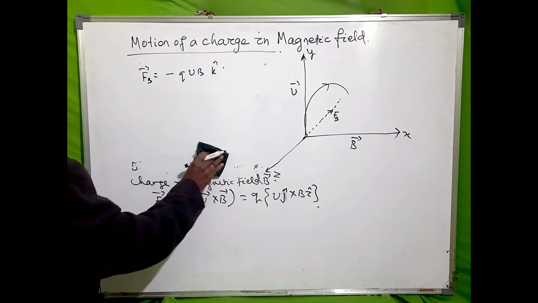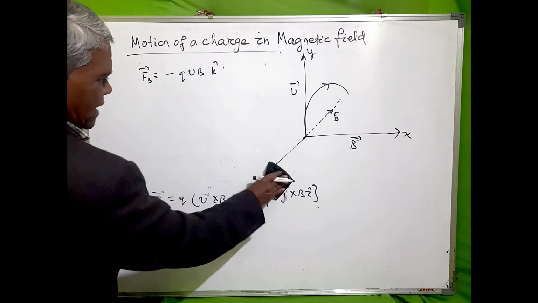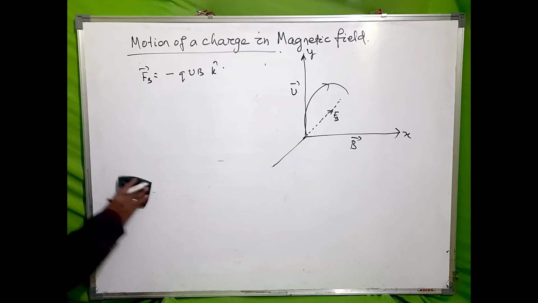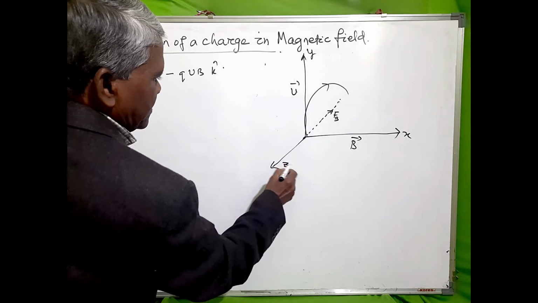Velocity is along positive y-axis. Hence, the particle will undergo circular motion in the YZ plane.